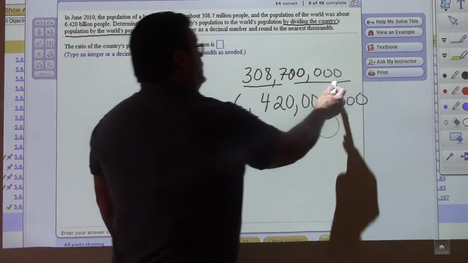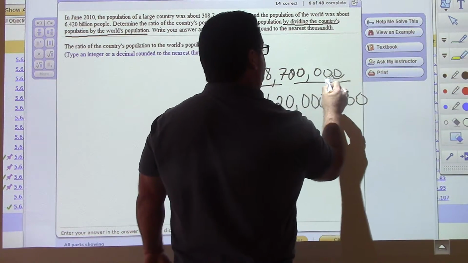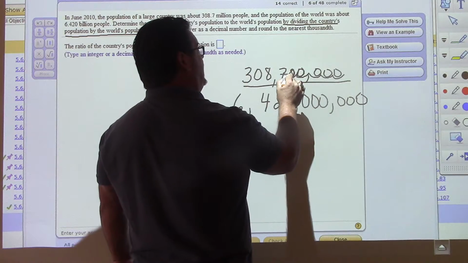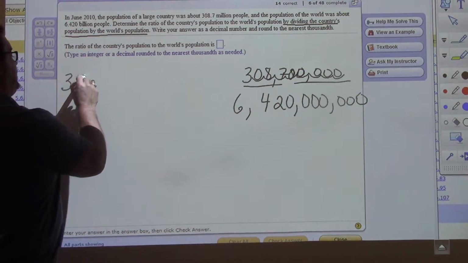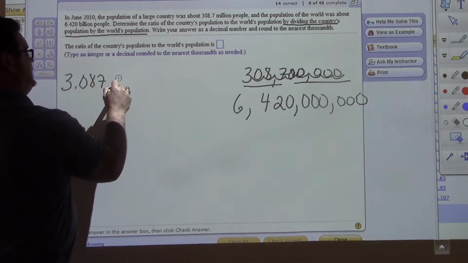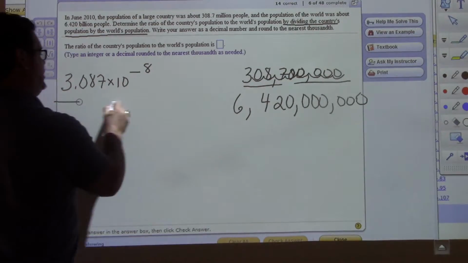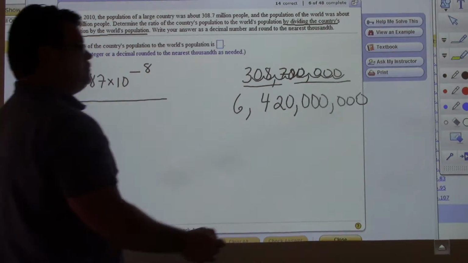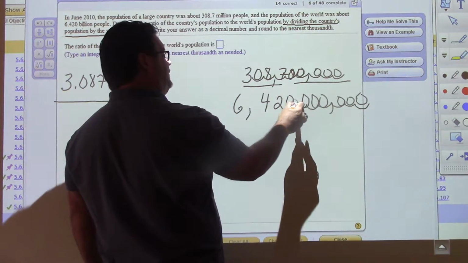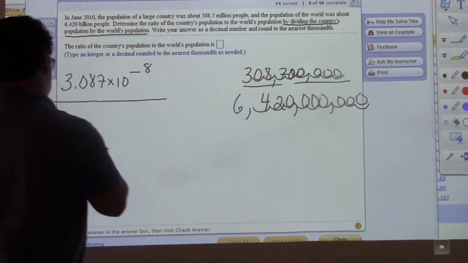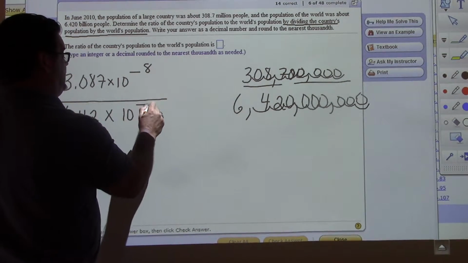So, 1, 2, 3, 4, 5, 6, 7, 8. 3.087 times 10 to the blank 8 over 1, 2, 3, 4, 5, 6, 7, 8, 9. 6.42 times 10 to the blank 9.